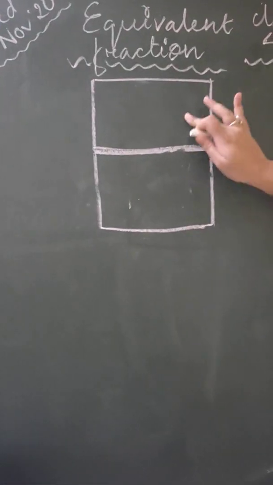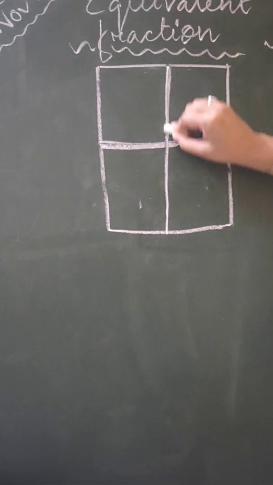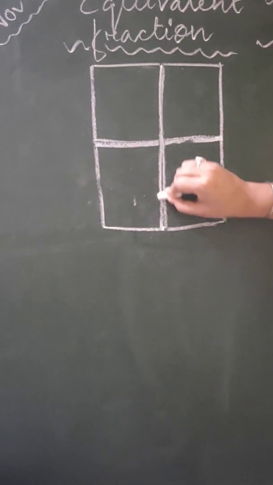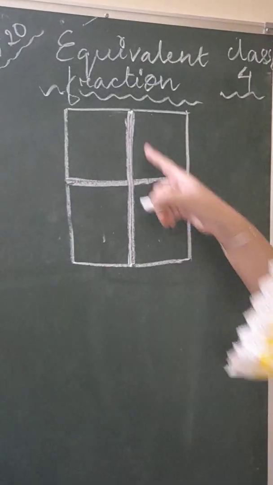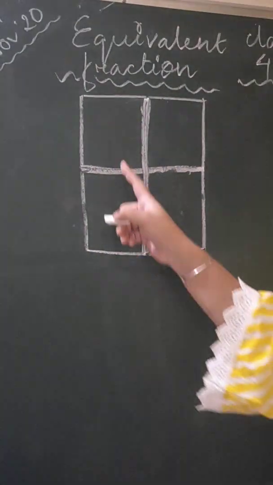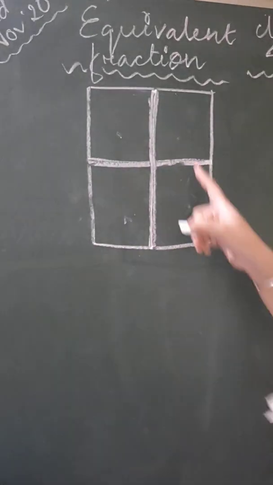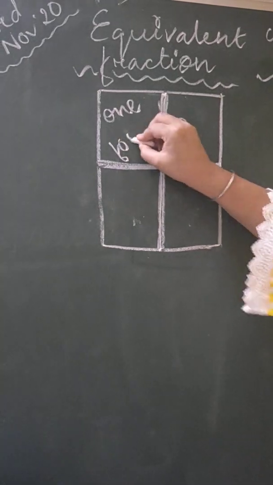Now, if I again fold this paper, I will simply get this margin here. When you were doing this activity, you saw 2 margins, no? So this is my one margin, the other one is this margin. So now the whole paper got divided into 4 parts. Now this is nothing but 1/4.